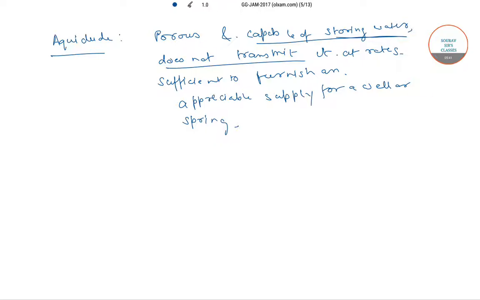So aquicludes are porous and capable of storing water, but they do not transmit it at a sufficient rate.